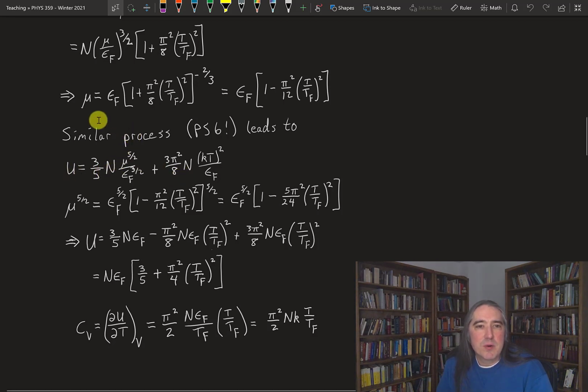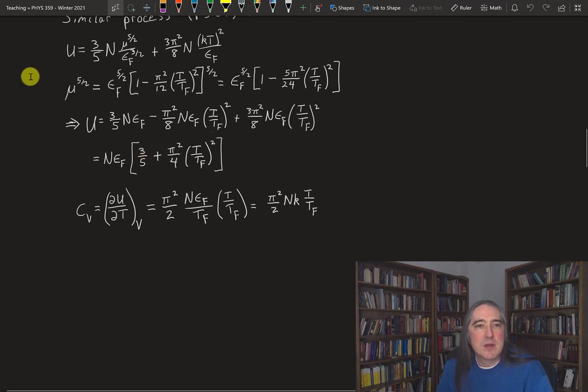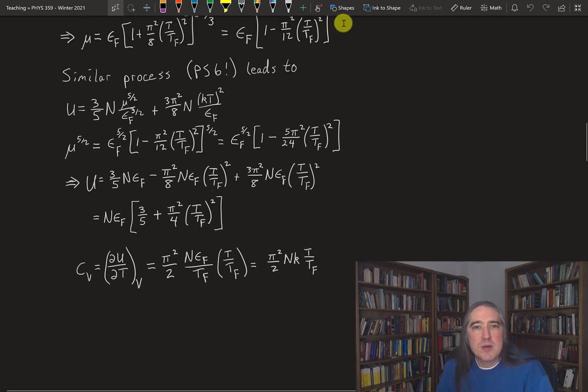Now, we want to take the value for the chemical potential that we have to second order and plug this in for mu so that we can get a final value that's good to second order in all ways. So we need mu to the 5/2. And we're going to stick this in there.